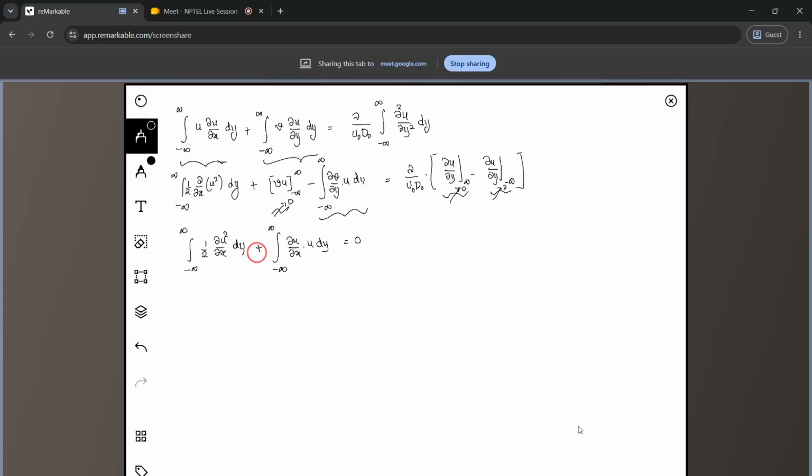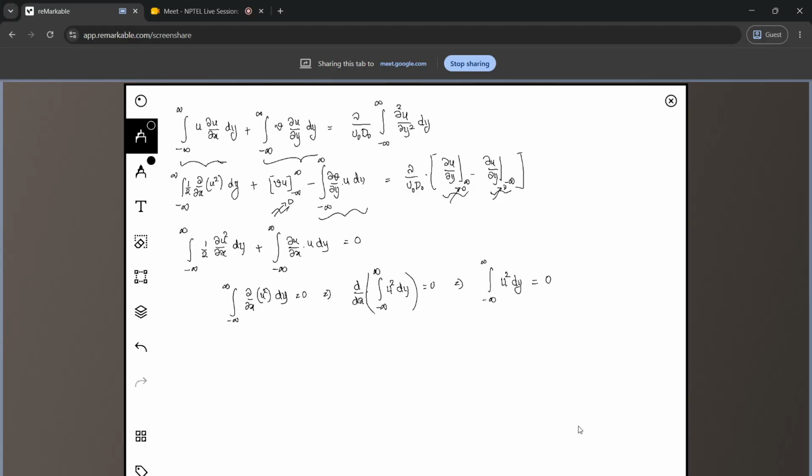So if you just take these two, this essentially gives me, and then you can apply the Newton-Leibniz rule, and that gives you, which essentially means the total kinetic energy or the total momentum is actually conserved.